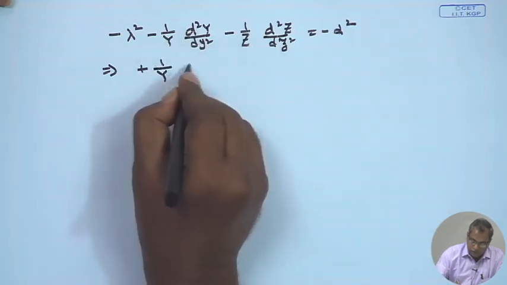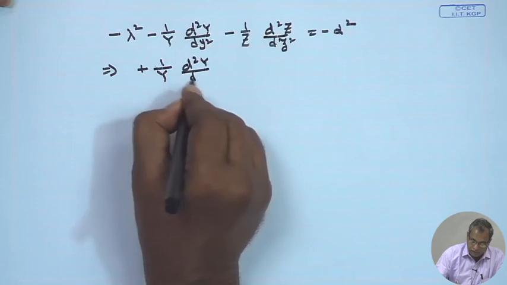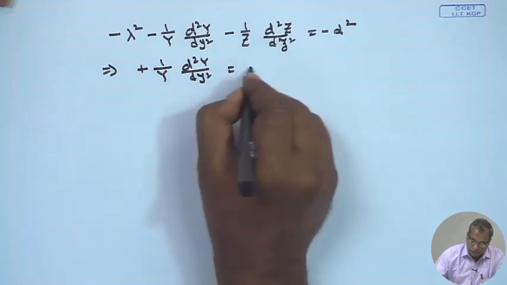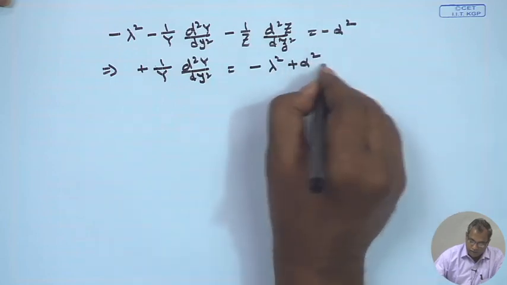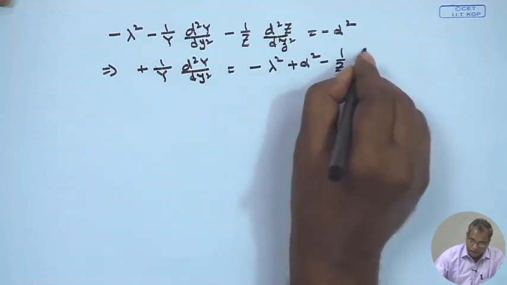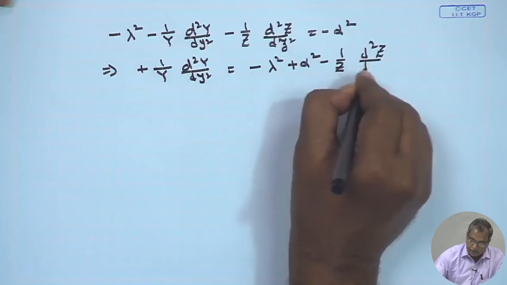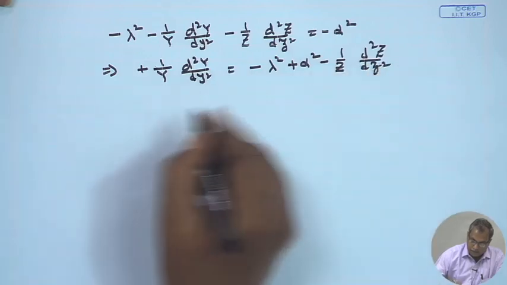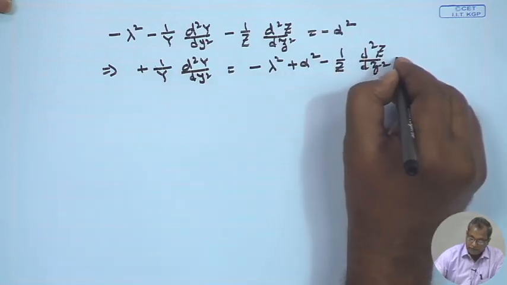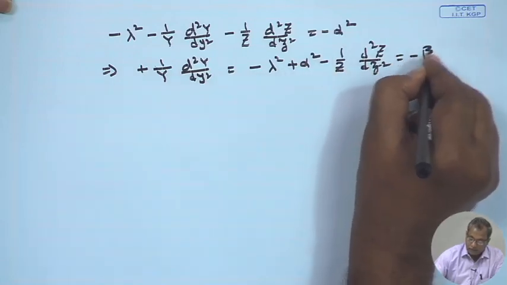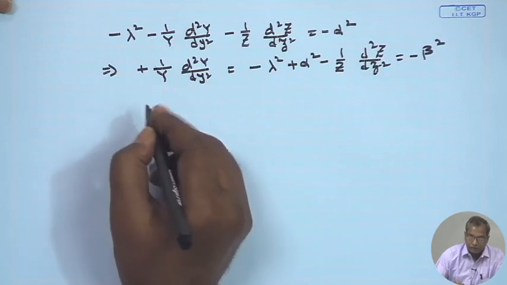So, 1 over Y d square Y dy square is equal to minus lambda square plus alpha square minus 1 over Z d square Z dz square. Again, the left hand side is a function of y, the right hand side is a function of z only, so that will be equal to some negative constant in order to get a non trivial solution.